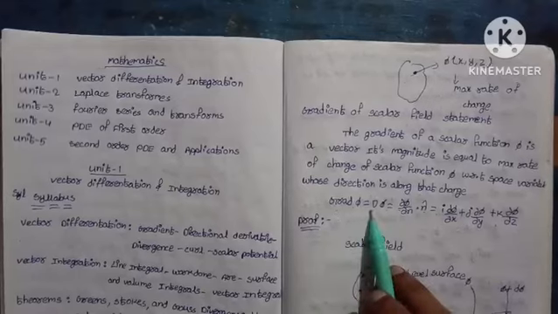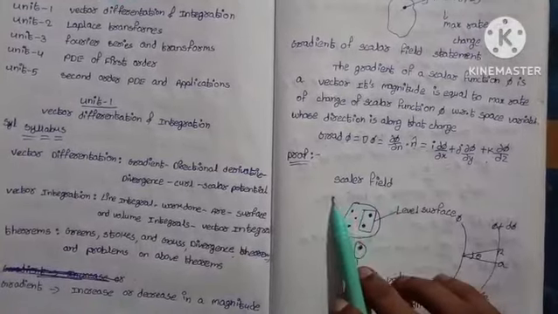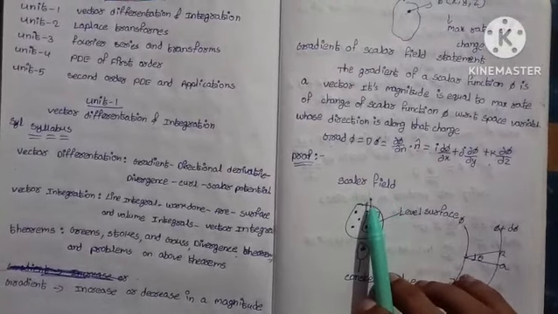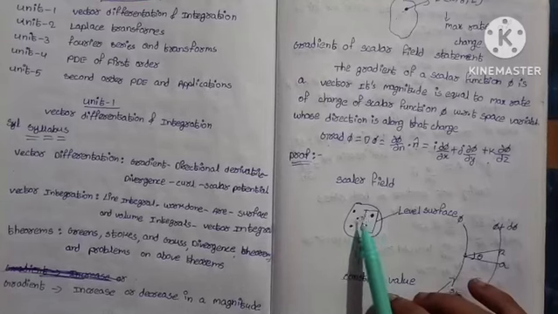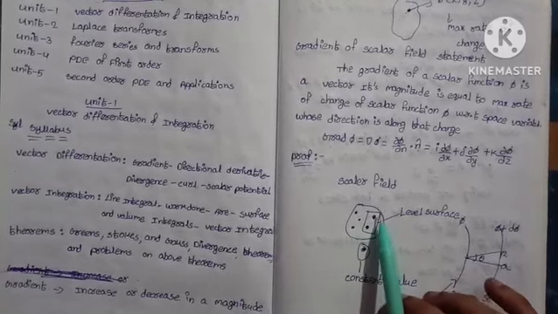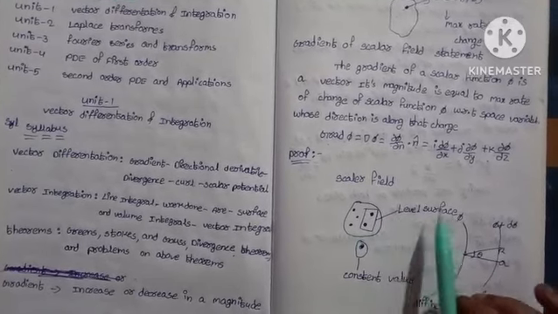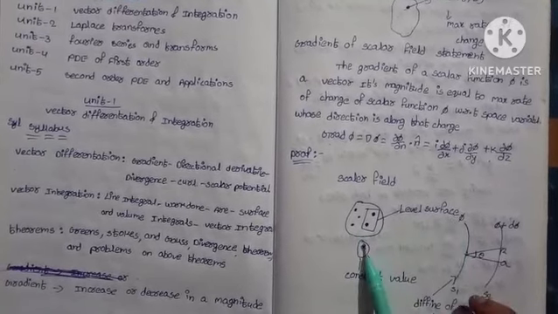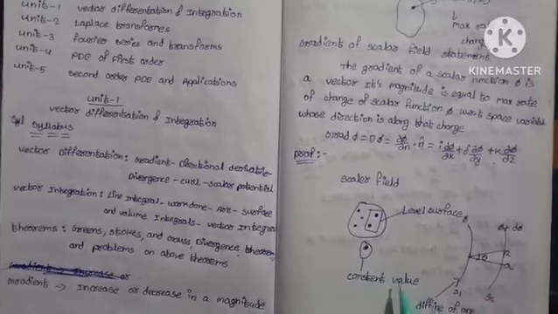Prove this equation. Scalar field: take the magnitude, these are the magnitude values. Level surface: this value is a constant value.